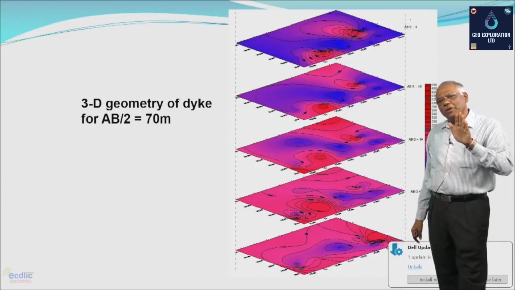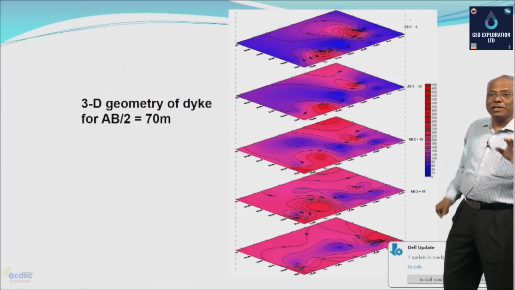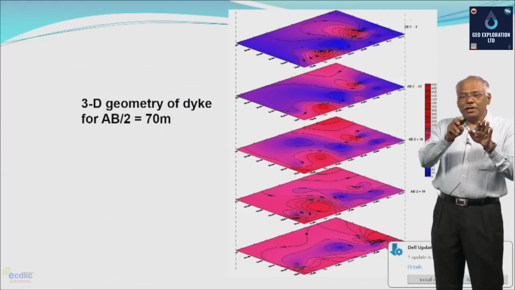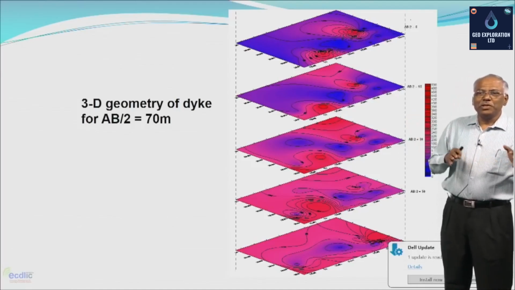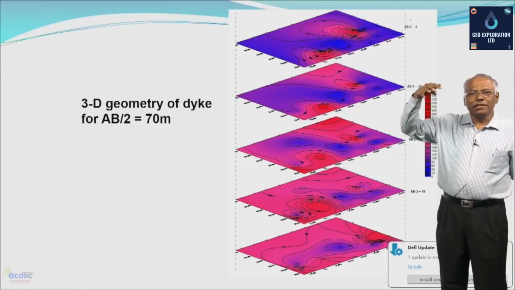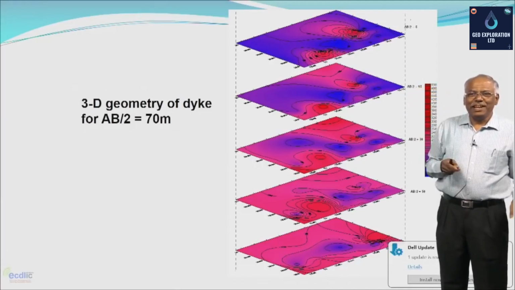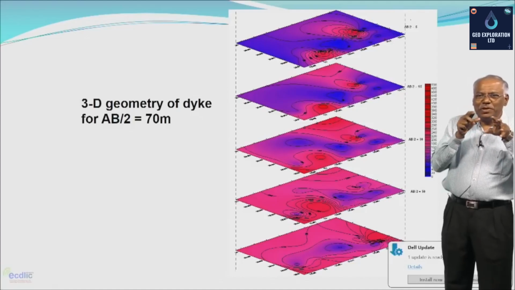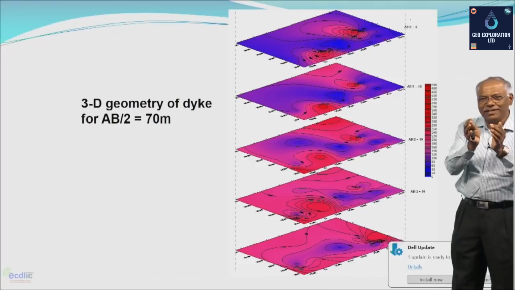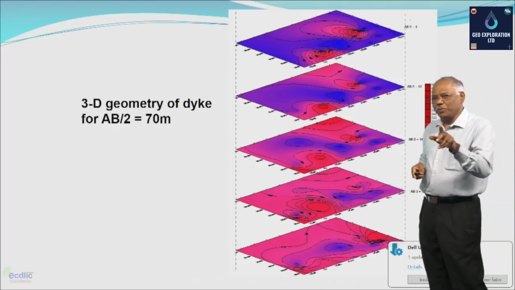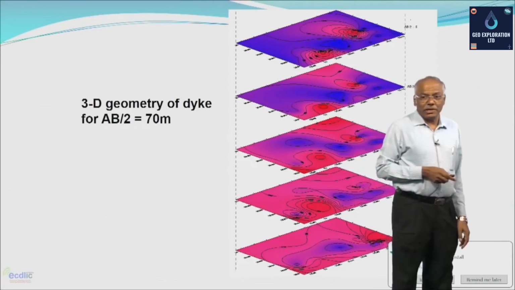That means there is groundwater occurrence up to the shallower depth, but as you go deeper up to 30 meters, the continuous occurrence of groundwater cannot be seen, because the area occupied by the resistivity highs on either side is increasing, and the area occupied by resistivity lows is getting isolated. So, there are 3 resistivity lows in this picture, indicating local spots of occurrence of groundwater at 30 meters.